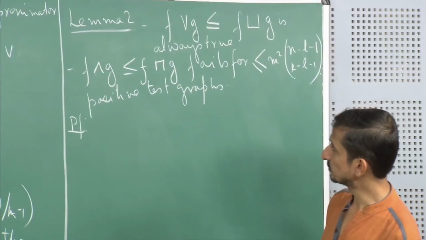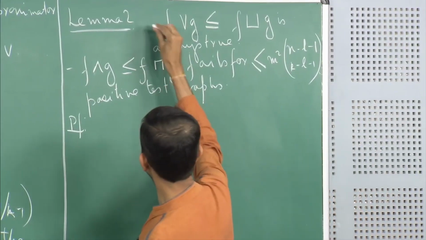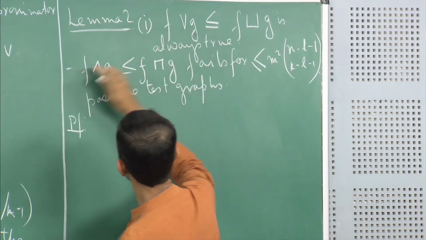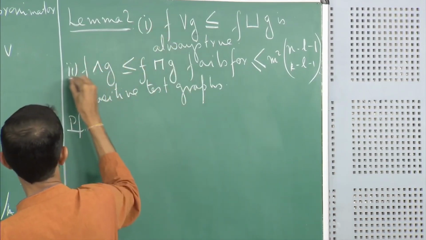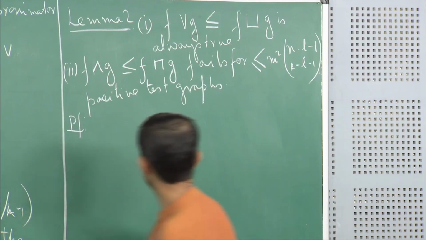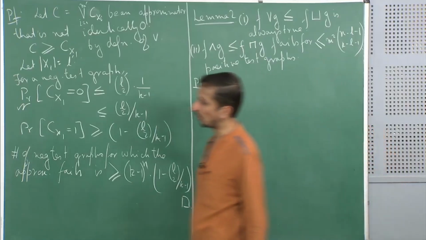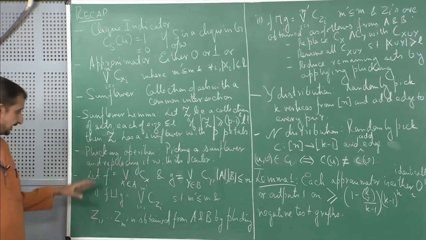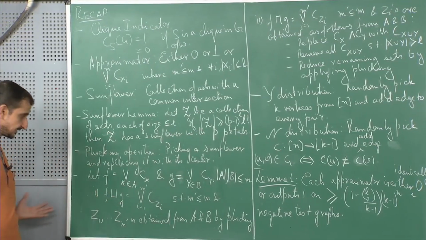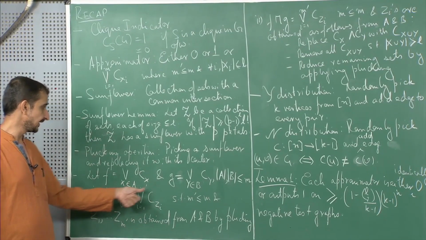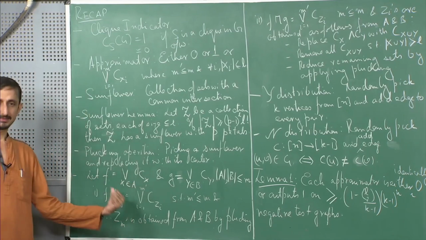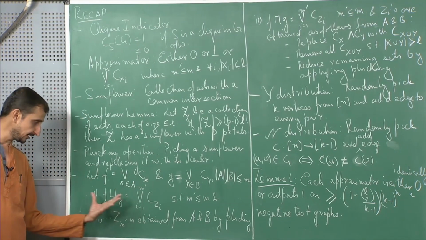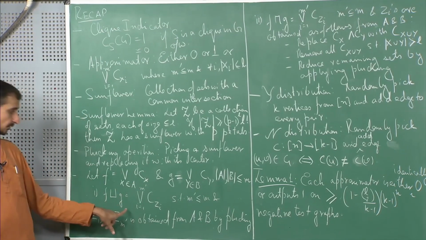So how do we show the first one? Let me write them as 1 and 2. Look at the definition of OR. If I consider all the sets in A and B, then I get exactly F or G. But how do I get the approximate OR of F and G?